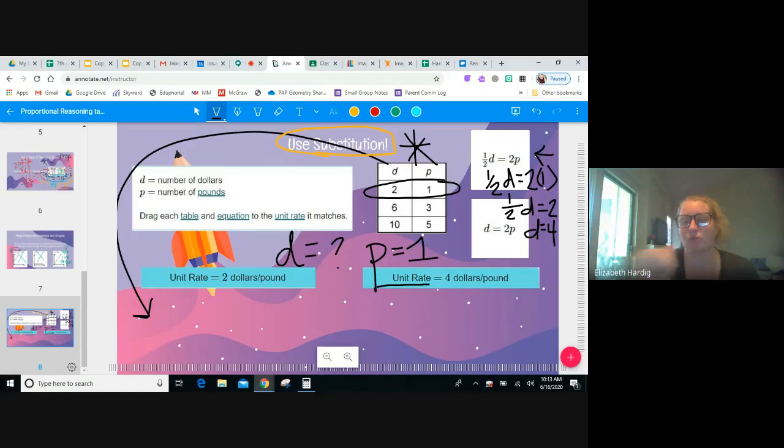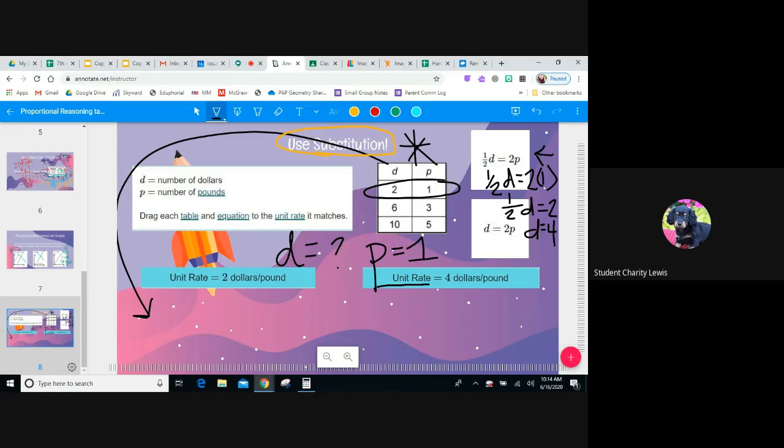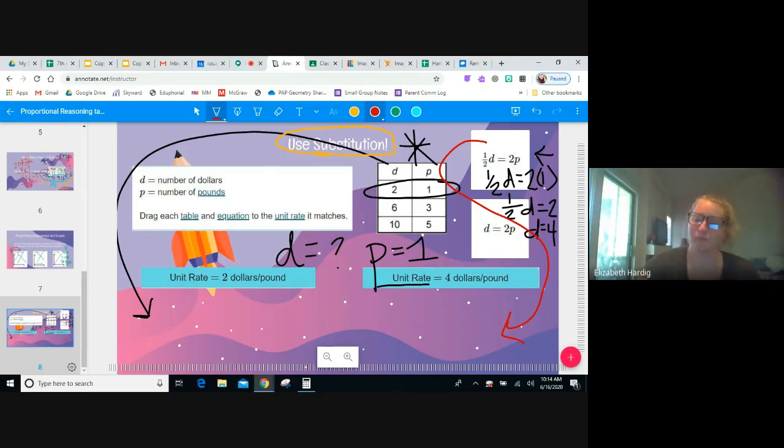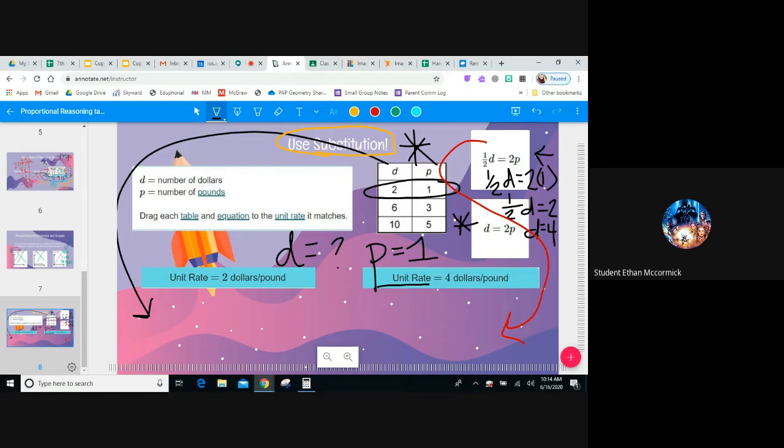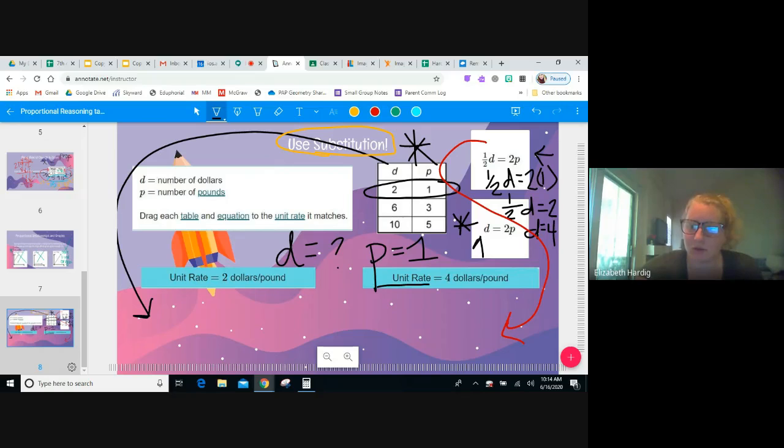So would that go on the left or the right hand side? The right side. Very good. That would go here. And then the next one, again, so now I have D is equal to 2P, but I still want to know what it costs for only 1 pound. So what number will I plug in for P on this second equation? I'm looking for dollars when it costs for only 1 pound.